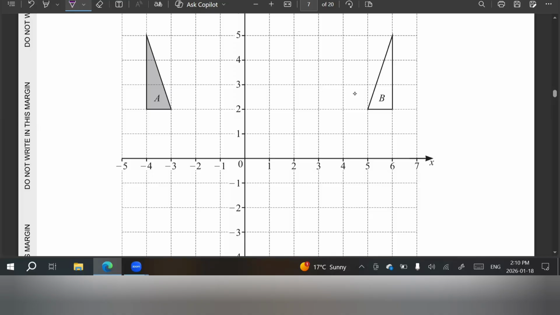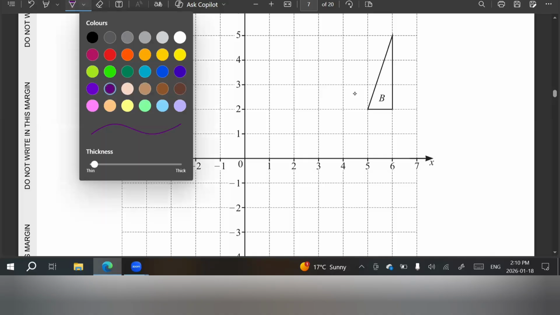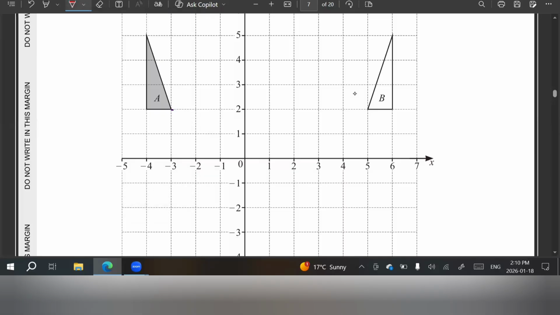So for example, if I take this point and this point, let me make it red, I will join them with a straight line. And once I have joined them, then I will draw the perpendicular bisector of that line.